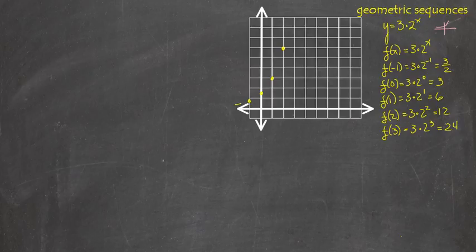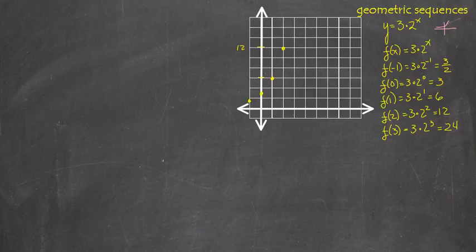So if I were to graph this as a function, it would look like that. And that's exactly what we expect from an exponential graph. But we don't want to graph this as a function. We want to look at just the output values. This is 12 as an output.